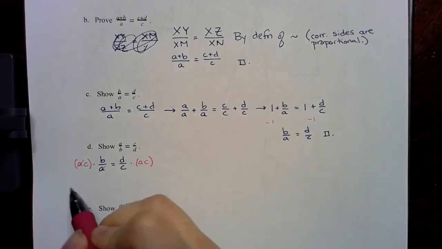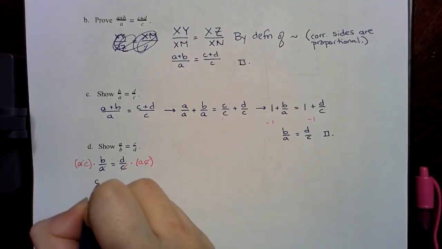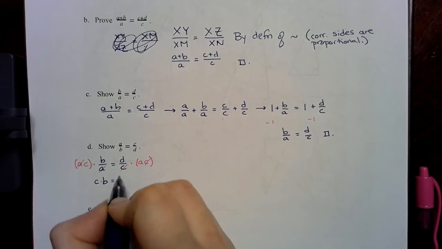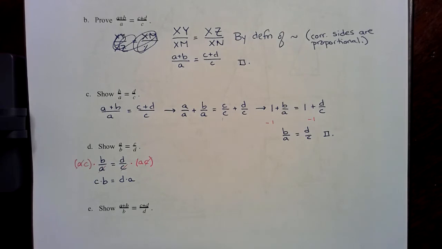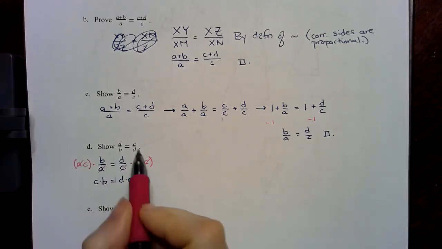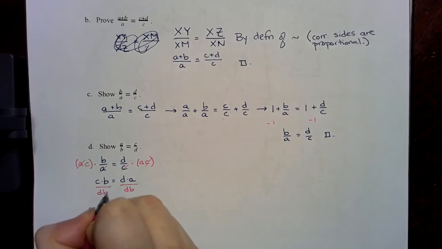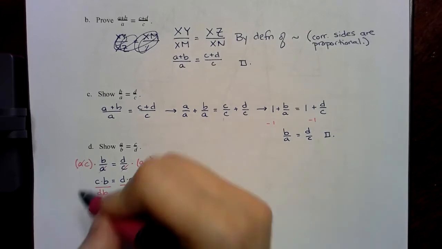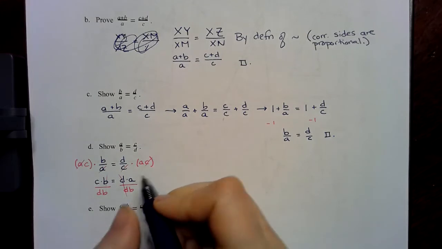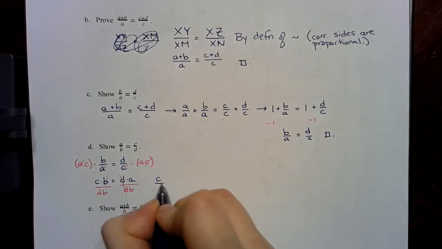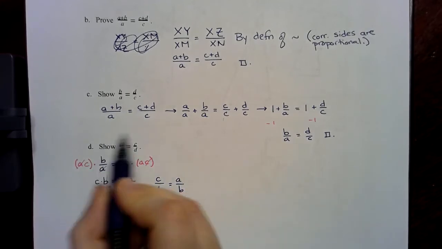Here the A's cancel, here the C's cancel, and I will learn that C times B is the same as D times A. I really wanted the D and the B to be in the denominators. So I will divide each side by D and B. My B's cancel there, my D's cancel there. And I will learn that C over D equals A over B, which is what I was looking for.